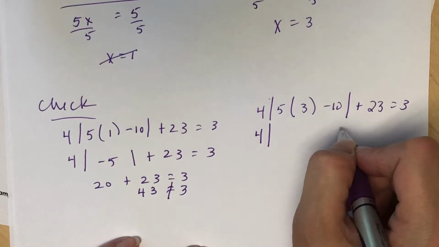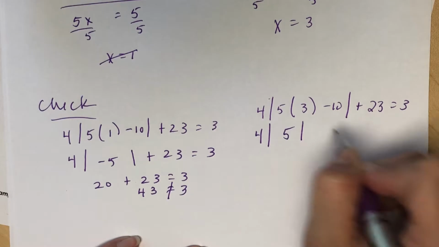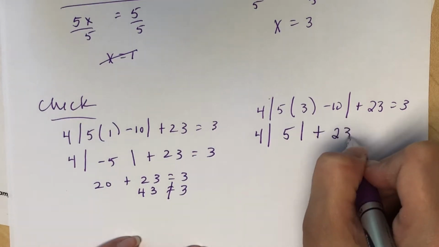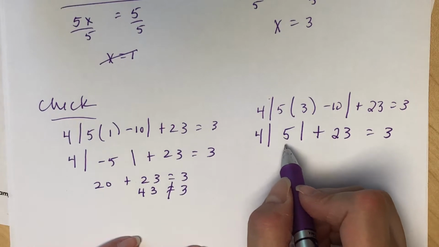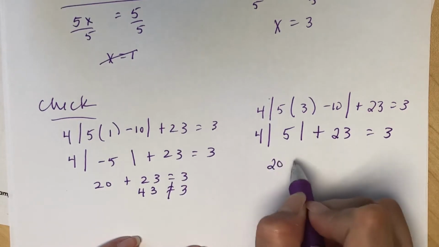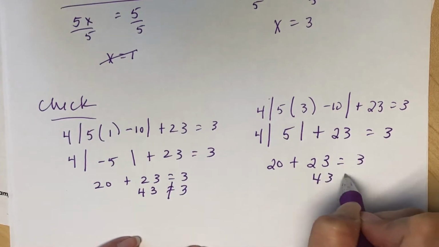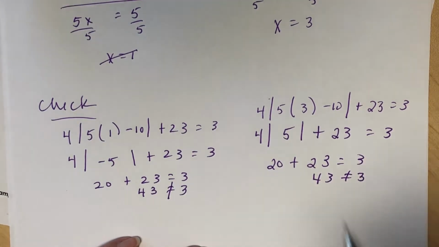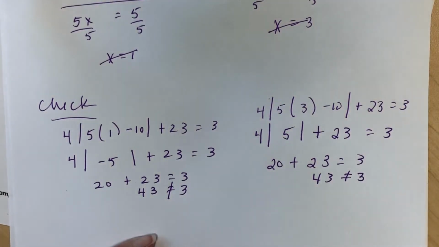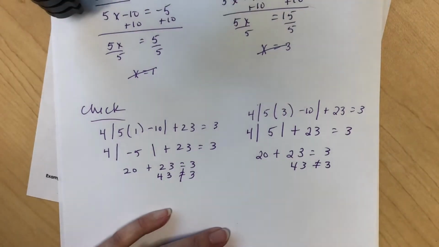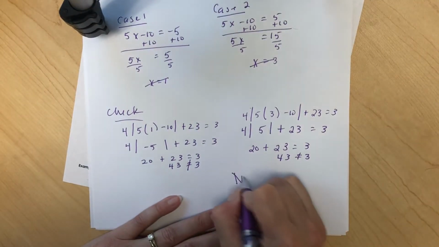Inside the absolute value bars, I have 15 minus 10, so that's 5, plus 23 equals 3. 4 times the absolute value of 5 is 5, and 5 times 4 is 20, plus 23 equals 3. So this one does not check either. 43 is not equal to 3, so x equals 3, I have to throw it out as well. So this is an example of a problem that has no solution.